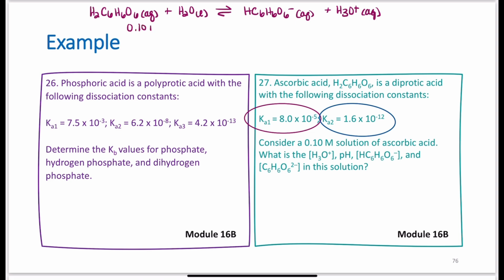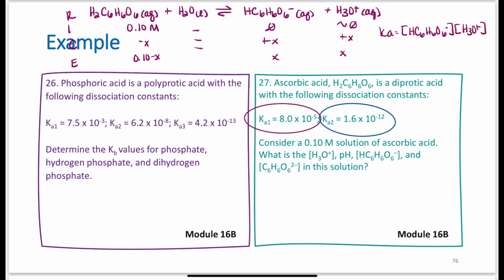I started off with a 0.1 molar solution here. I didn't start off with any of this, and I have approximately none of this. Write out the Ka expression here. It's going to be equal to HC6H6O6 minus times H3O plus concentration divided by the ascorbic acid.